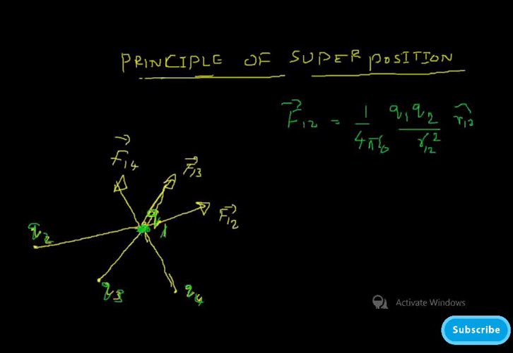This is what is called finding the resultant force on any charge due to the others by using the principle called principle of superposition. So what does the principle of superposition state? The principle of superposition states a very simple statement.